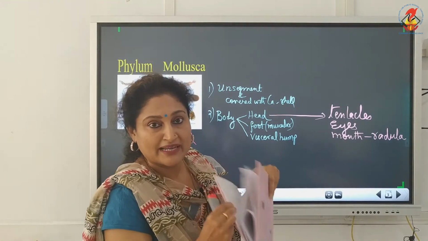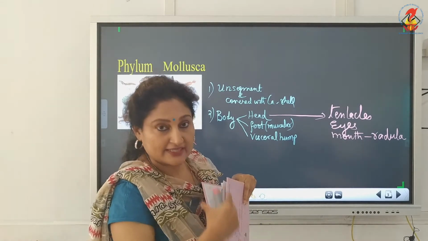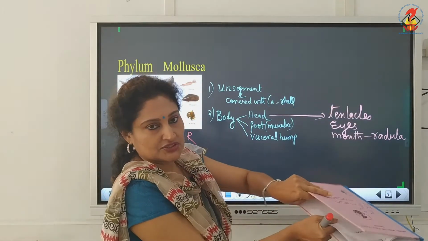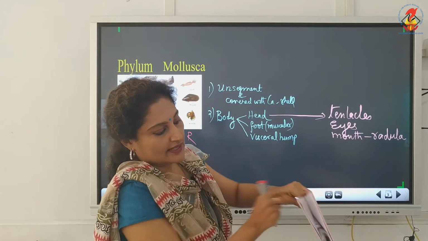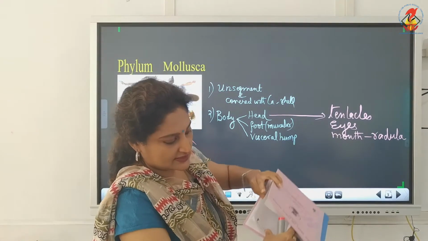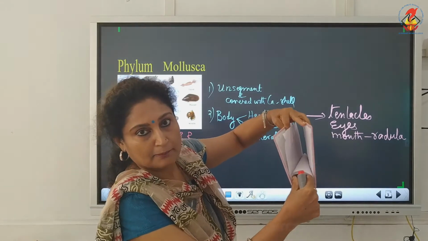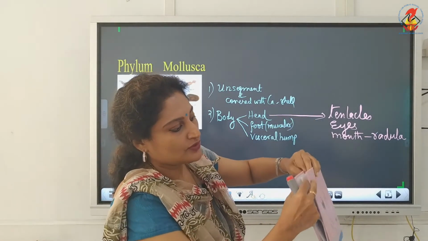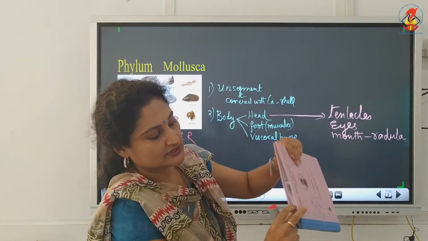Let this be a bivalve. Bivalve like the mussels having two shells. Okay, so let this be one shell and this be the other shell. Okay, now this is the center. I have folded this. Let this be the visceral hump, the fleshy hump. Okay, so this is the visceral hump. Now the two valves cover the visceral hump.